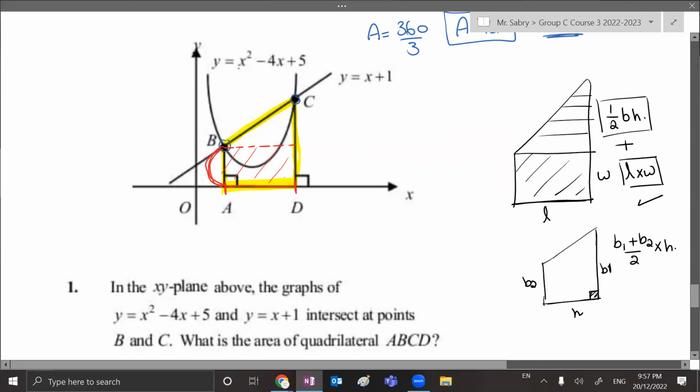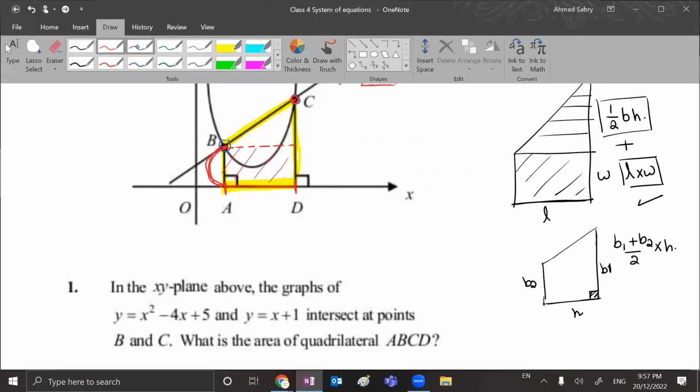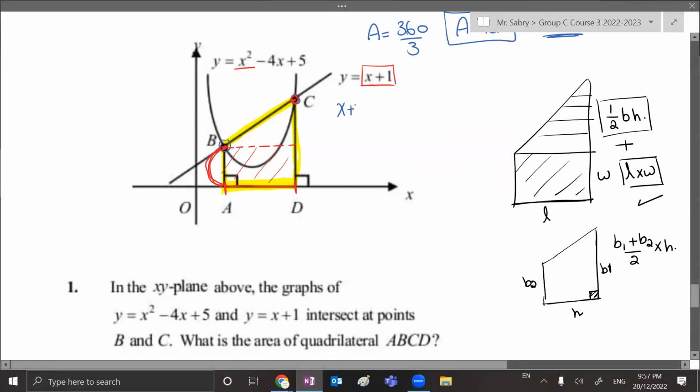Since I clearly have a system of equations, I'll solve it to try and find the values of these intersection points. So I'll solve this by substitution. Instead of this y, I'll substitute x plus 1. So x plus 1 is now equal to x squared minus 4x plus 5.